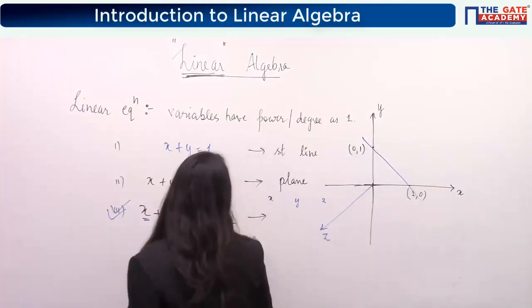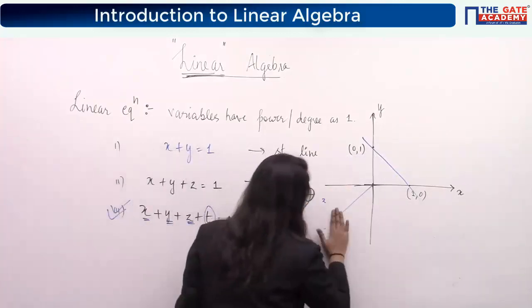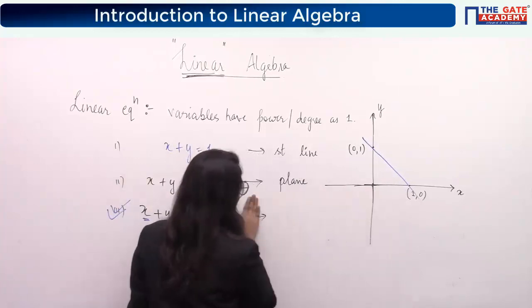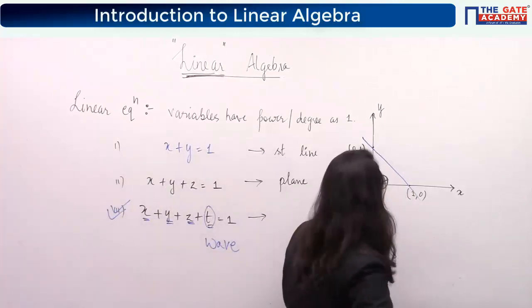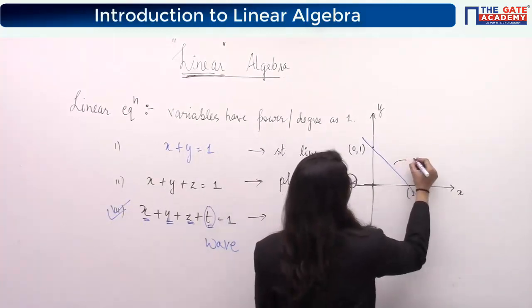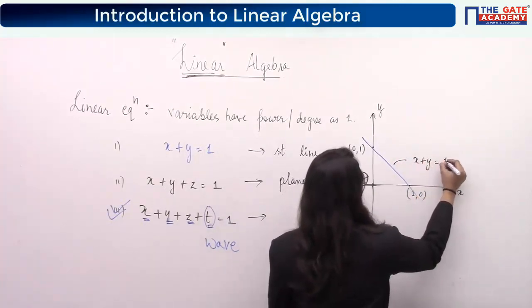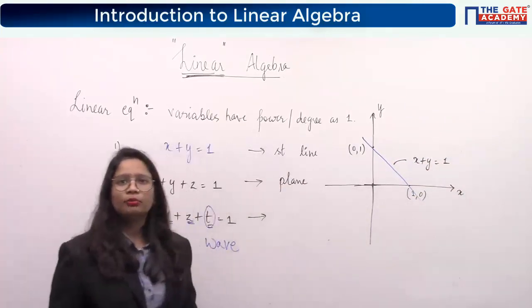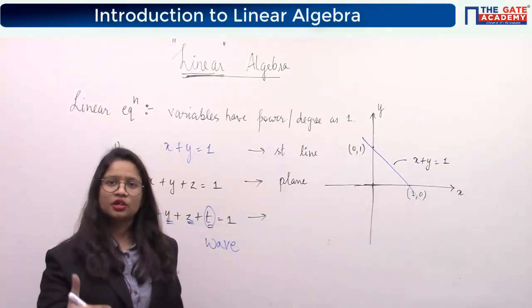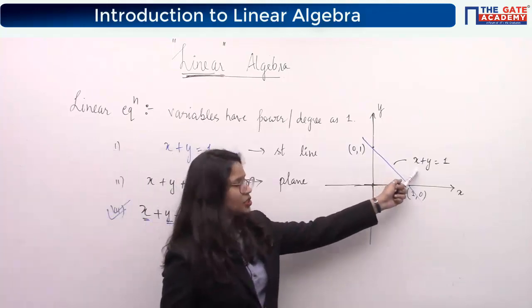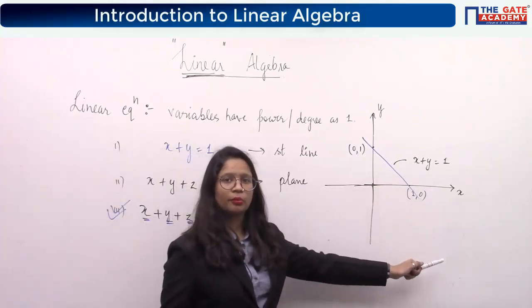Now, coming to this line that I first drew, let's remove these x's and talk about this line, x plus y equal to 1. You must be knowing one thing, that you can write the equation of a line in this Cartesian form, and in this vector form also.